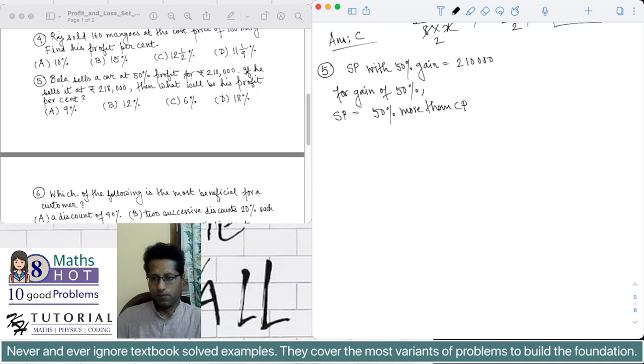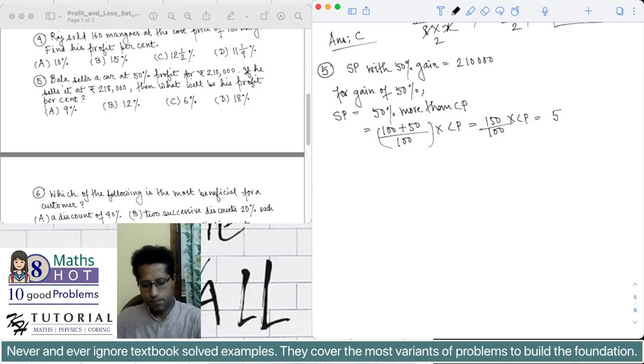That is the meaning of 50% gain. 50% more than cost price means (100 plus 50) divided by 100 multiplied by cost price. This is equal to 150 divided by 100 multiplied by cost price, which is 3 by 2 multiplied by cost price.